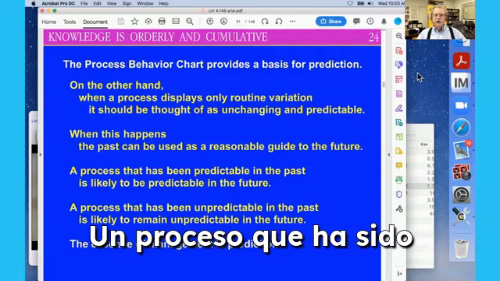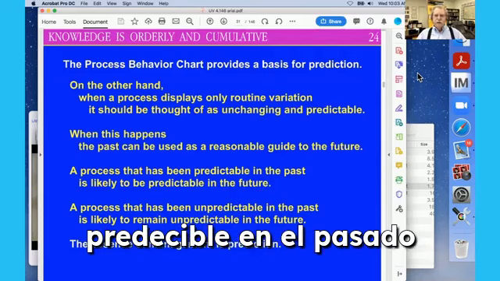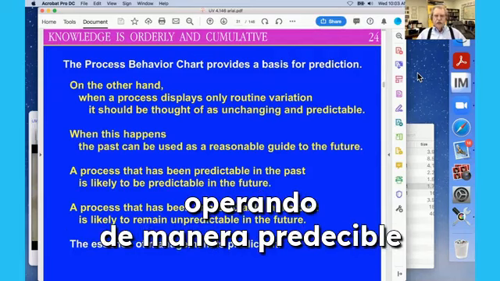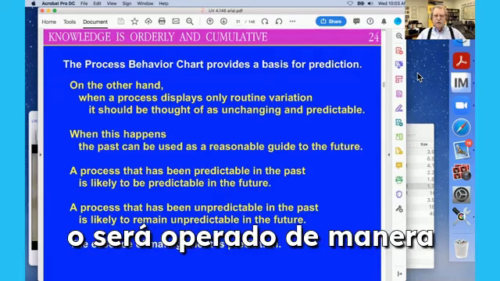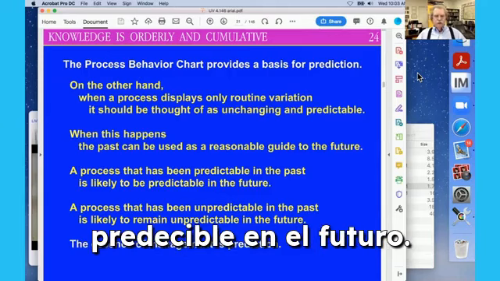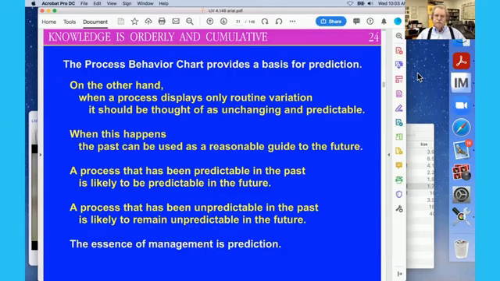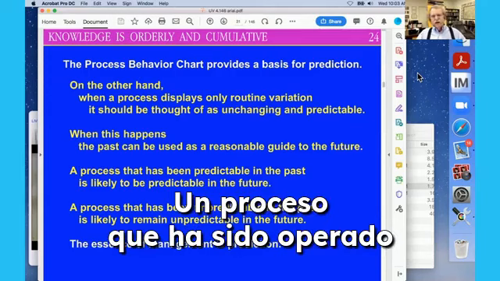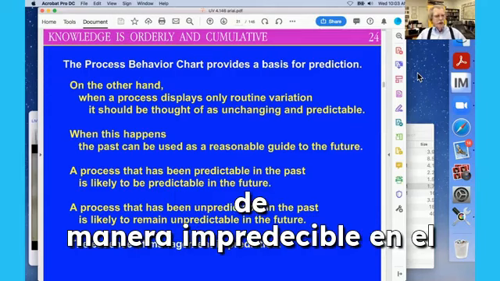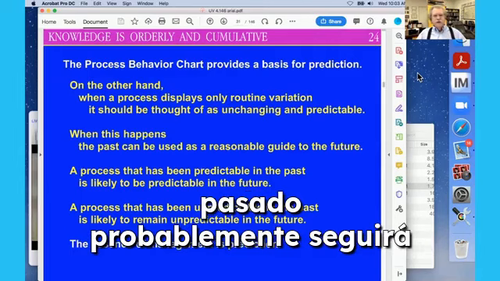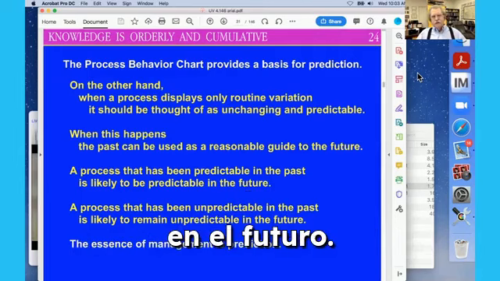A process that has been predictable in the past is likely to continue to operate predictably in the future. A process that has been operated unpredictably in the past is likely to remain unpredictable in the future.